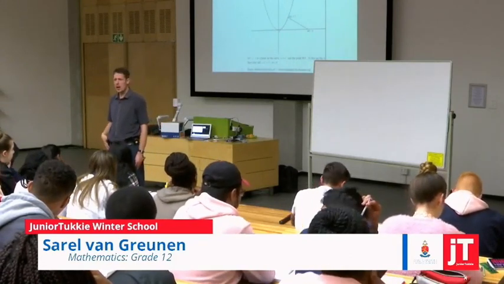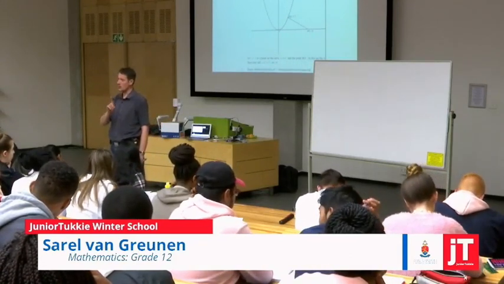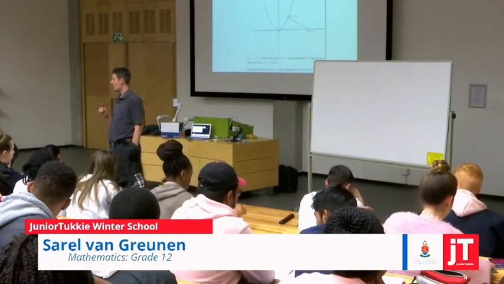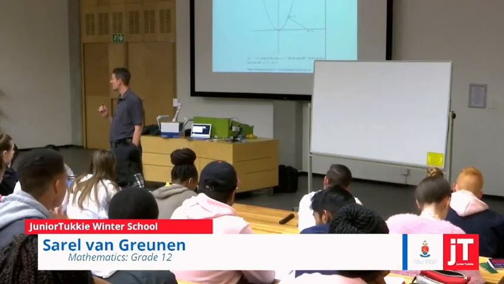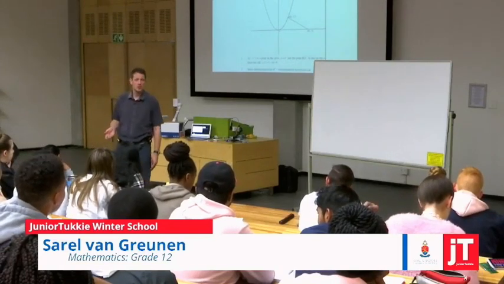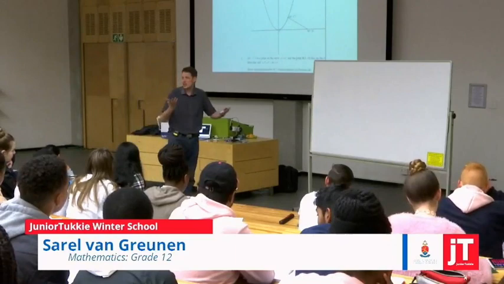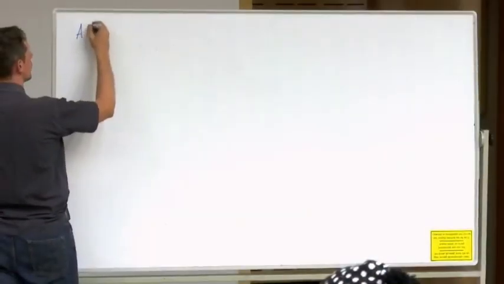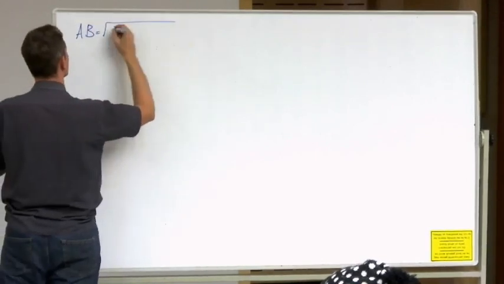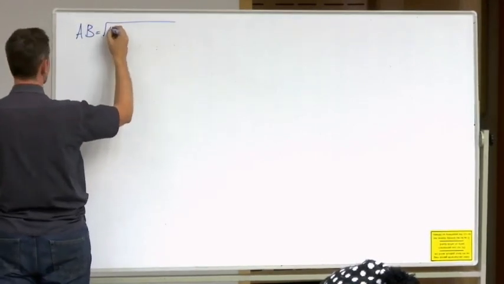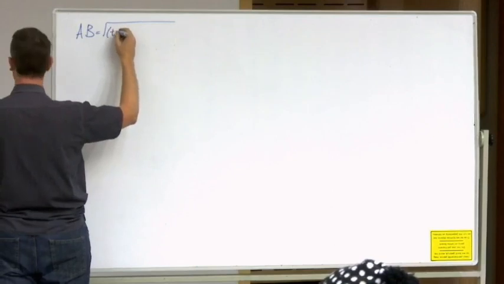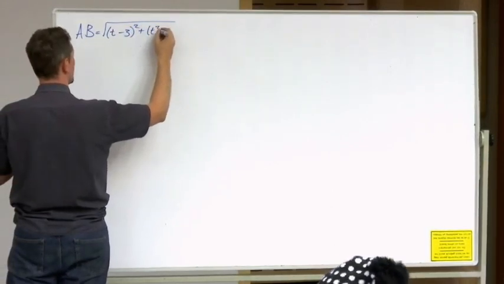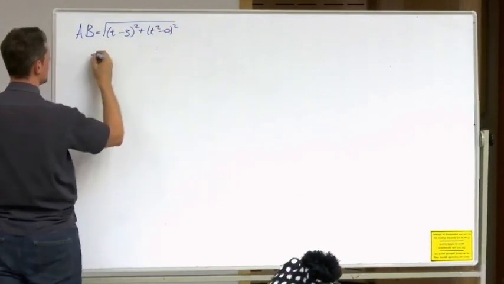Was there another way that I could do it without the distance formula? By using what? By using Pythagoras. But that is in any case the distance formula. So if I were you, I would have also gone towards the distance formula. So that would give me (t minus 3) squared plus (t squared minus 0) squared.